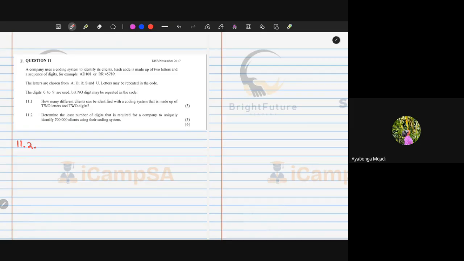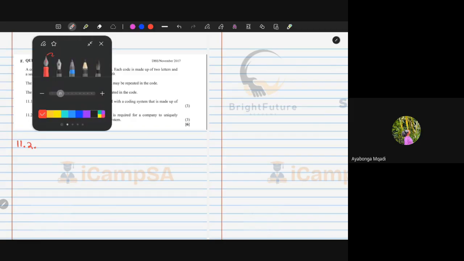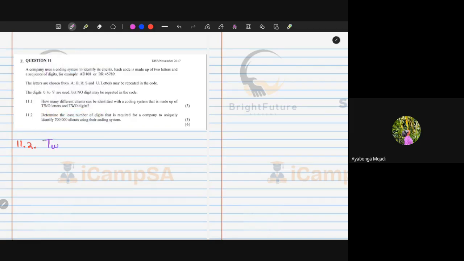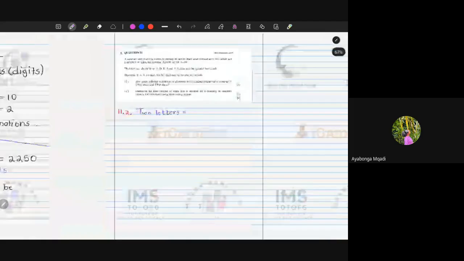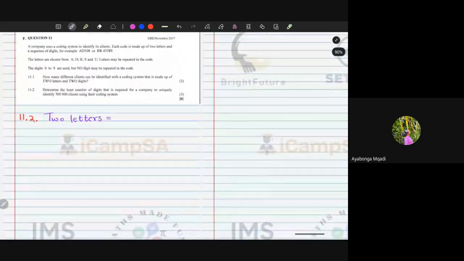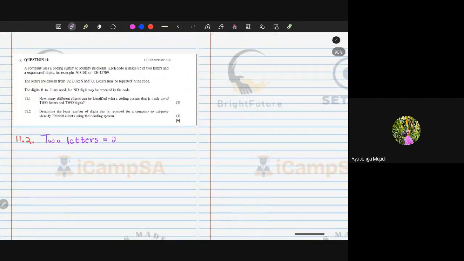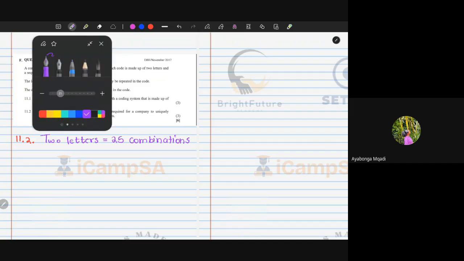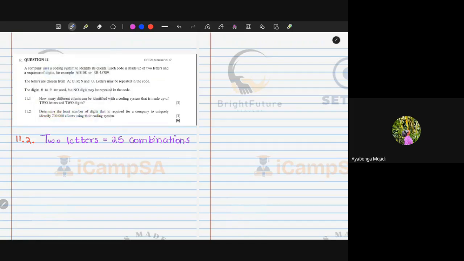So what we found out is that with 2 letters, which they still maintain, the number of combinations that we get is 25. But what do we remember, guys?